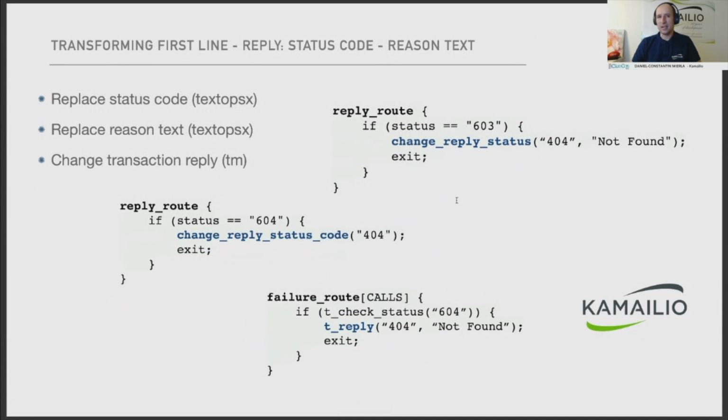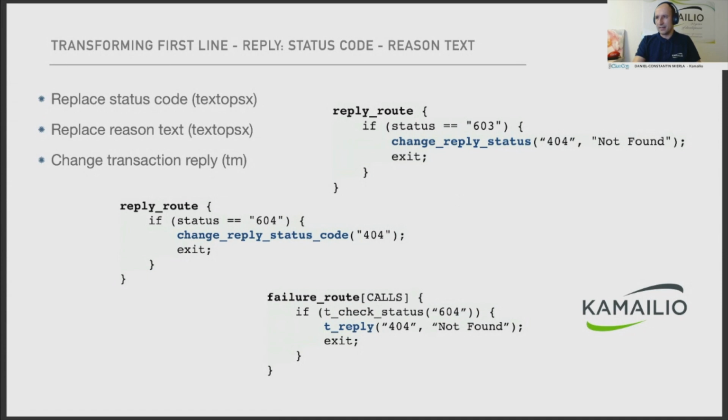If you are in the stateful mode, so transaction stateful mode, this is from the moment we send out the request till the moment we send the final reply to the originator of the request, we keep the state of that request routing. If it got a failure reply code like 300 or greater, we can do rerouting and other types of sending out, in parallel or serial forking fashion.